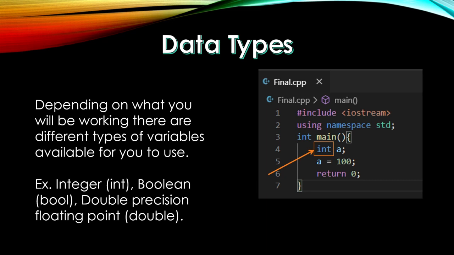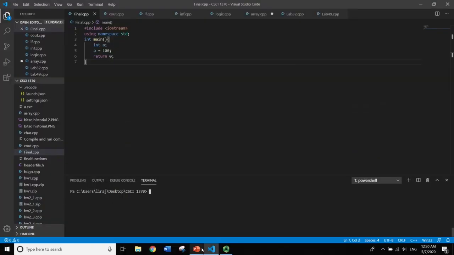The pretty basic ones are integers, with the keyword int, the boolean, with the keyword bool, and double precision, which means that you can use a decimal point in your variables. An example of these would be this.